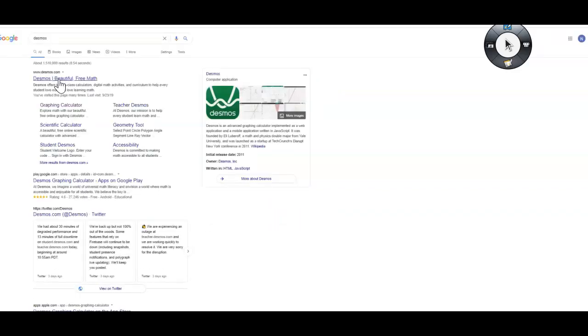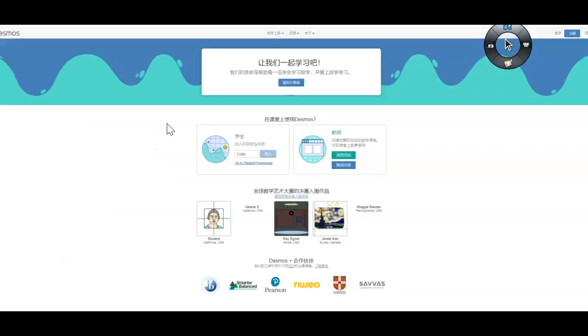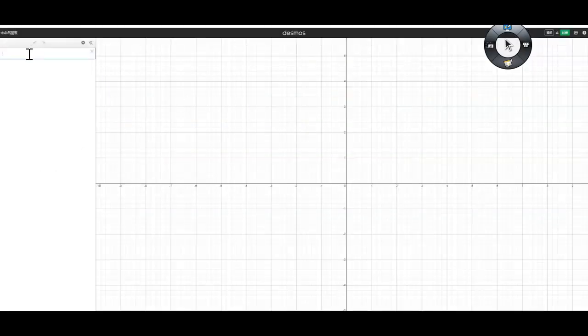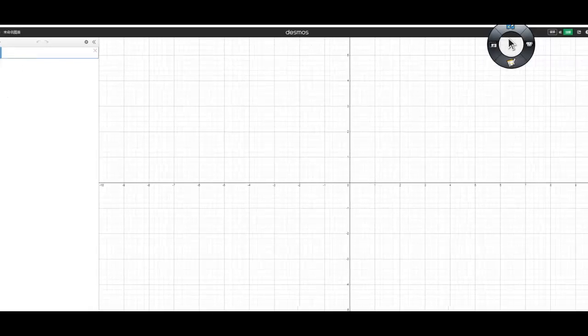And you see the first one, Desmos graphing 2. Let's do graphing calculator. Yeah. Okay. Now in the left side, we're gonna put the two equations in.